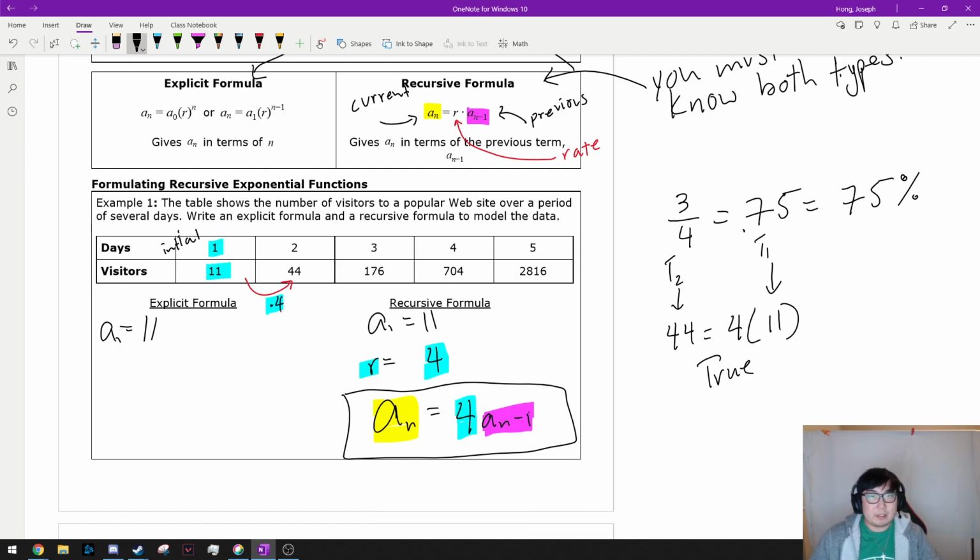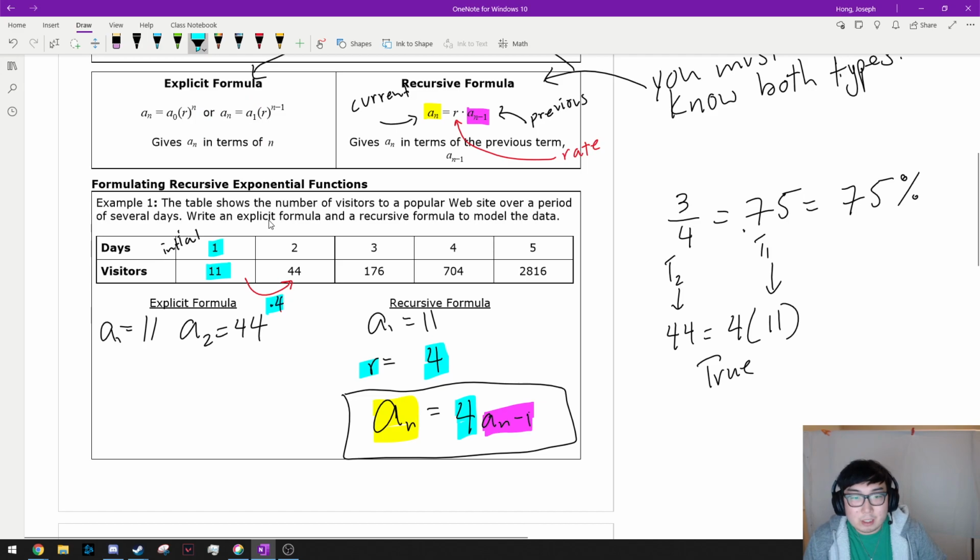So if that's true, what about the explicit? The explicit is not too difficult, but we're going to be talking about how we can use exponents to help us write another formula. So we can say that A1 is 11, A2 is 44, because A1, A2, these are talking about the terms.